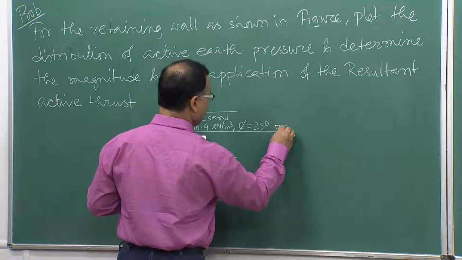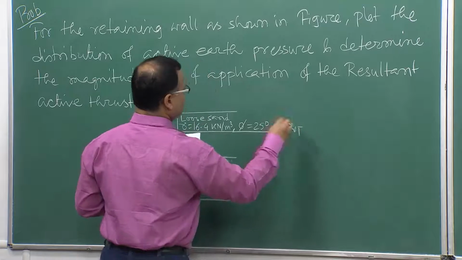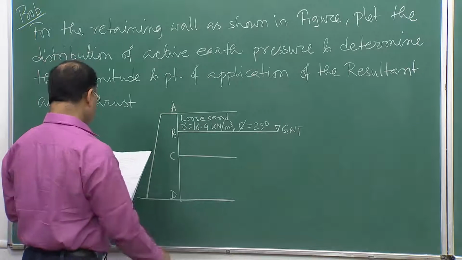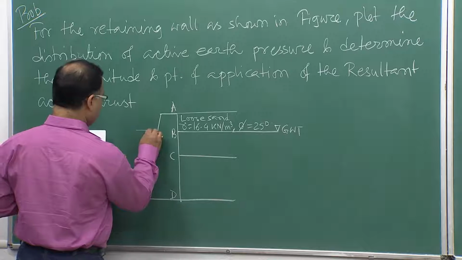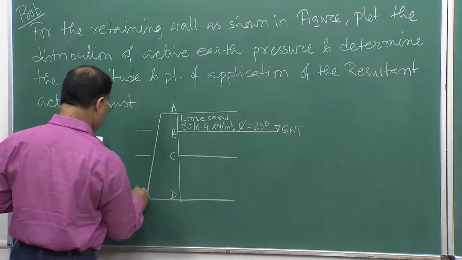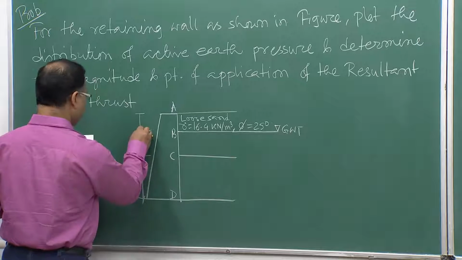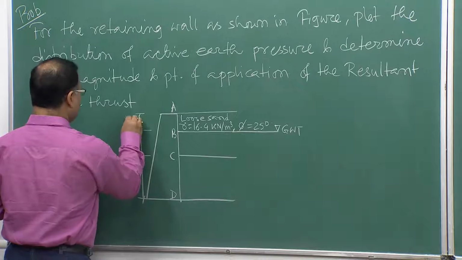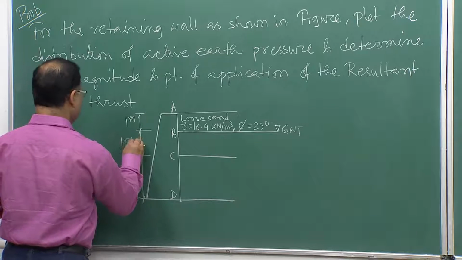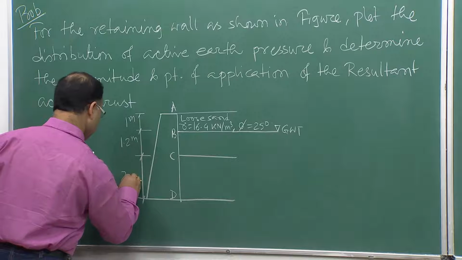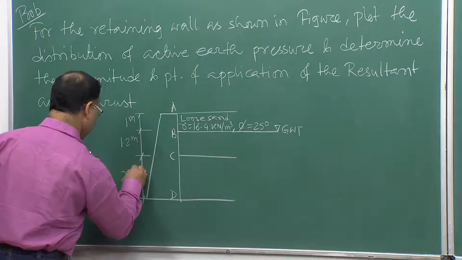So, this is your groundwater table, here at this level. So, let me write down the depths. This is say 1 meter, this is 1.2 meter, and this is 2.3 meter.